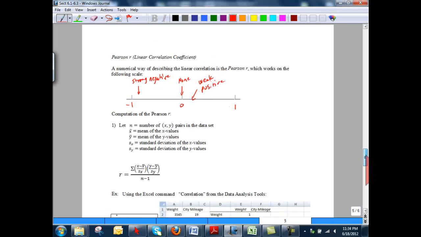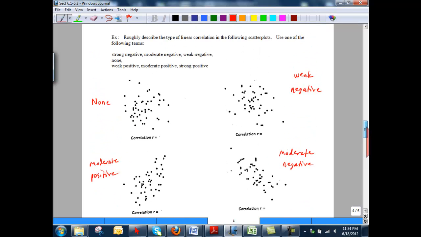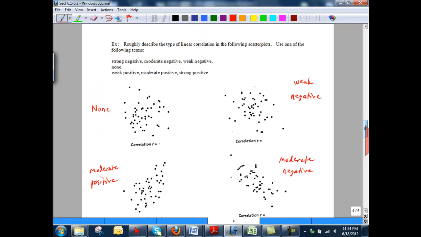Let me come back to the pictures then, because these were computer generated pictures. It turns out that we know exactly what the R values are, and so there's no way you could know these values exactly from the pictures. What I want to do is give them to you so you can get a feel for what a scatter plot looks like for various values of R. This is R equals 0, so no correlation, a scatter plot tends to look like this.